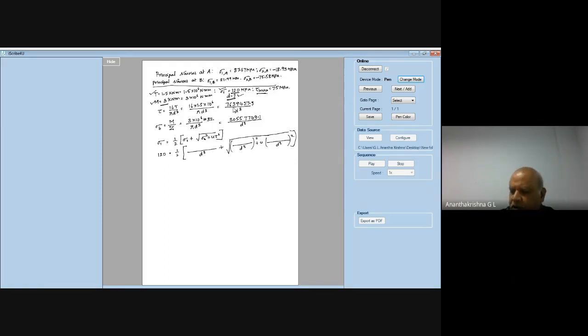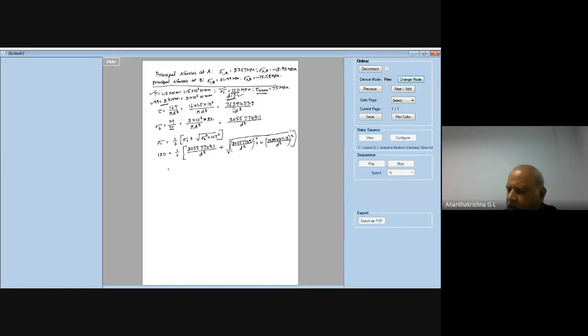So substitute them in this equation: 30557749.1 whole square, and the tau is 7639437.3 whole square.